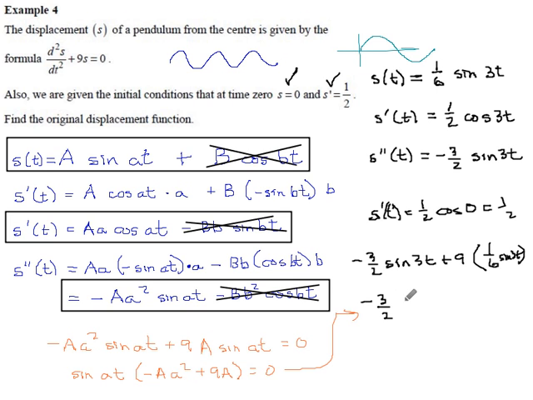Minus 3 over 2 sine 3t plus 9 over 6 reduces to 3 over 2 sine 3t. Yeah, it does indeed equal 0, so it all worked out. This is our position function. This is the equation for how that pendulum will swing.